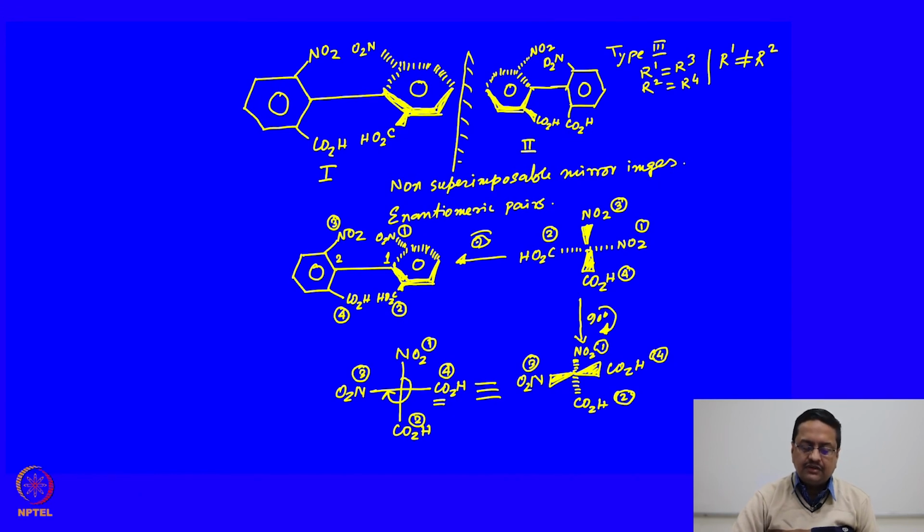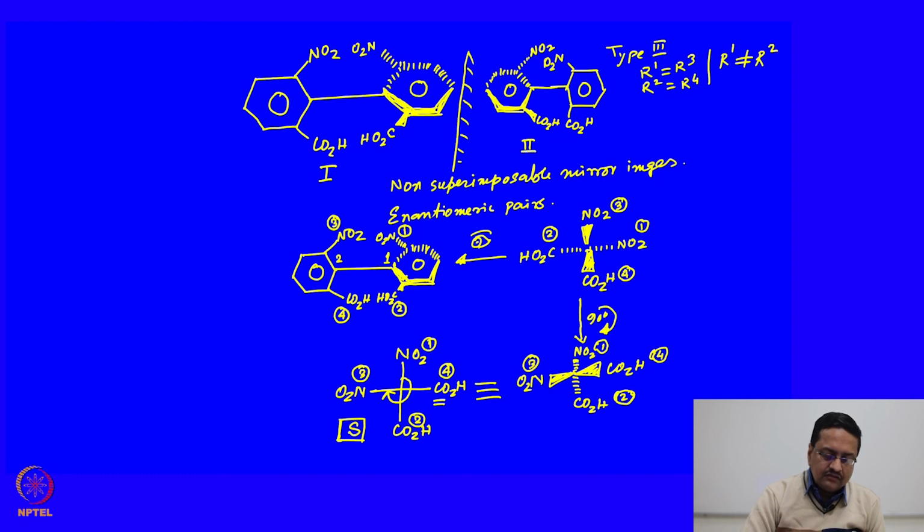So, the correct designation should be S. So, this is the designation of a chiral center by RS in Fischer projection. If the lower priority group is not in the vertical line, if it is in the horizontal line, then whatever chirality that you see is actually the opposite of what it is.